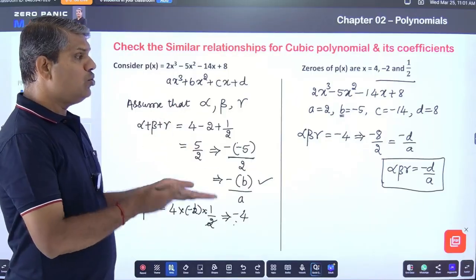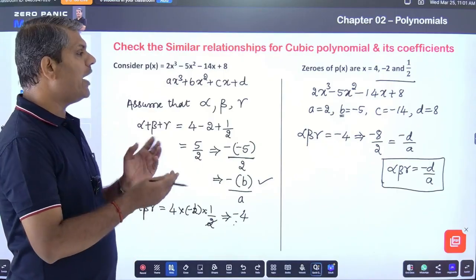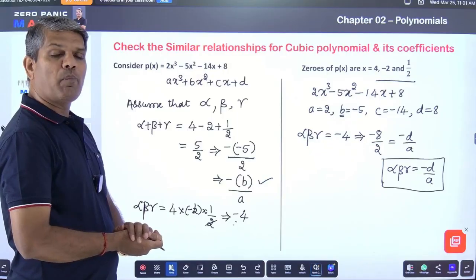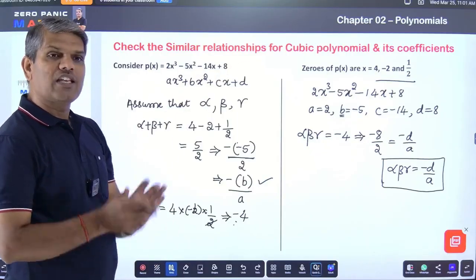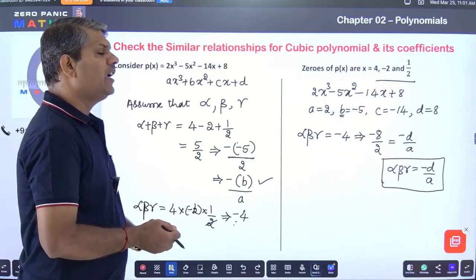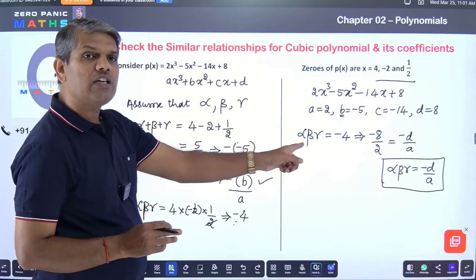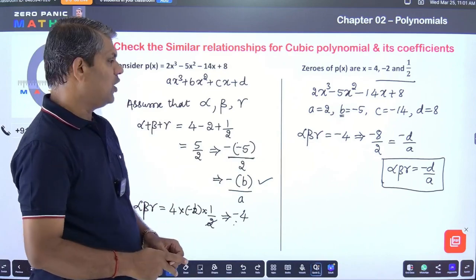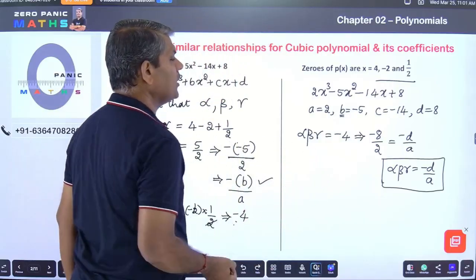In addition to these two properties, we have one more additional property that exists for a cubic polynomial, involving the sum and product together. What exactly is it? It is the sum of the products of the zeros taken two at a time. Let us prove that also.